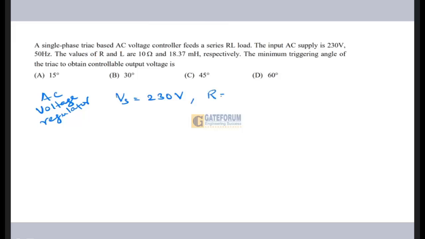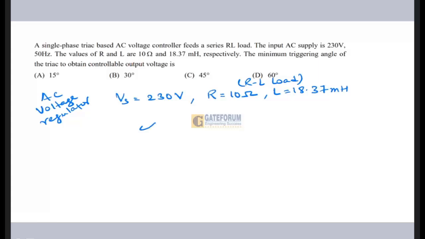R is 10 ohm and L is 18.37 millihenry. So they have an RL load connected here. They're asking for the minimum triggering angle of the Triac to obtain the controllable output voltage.